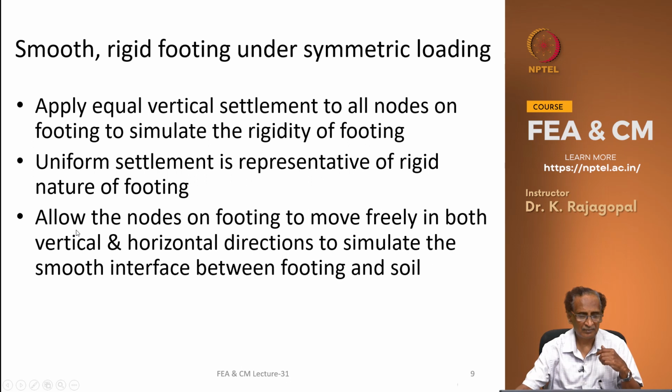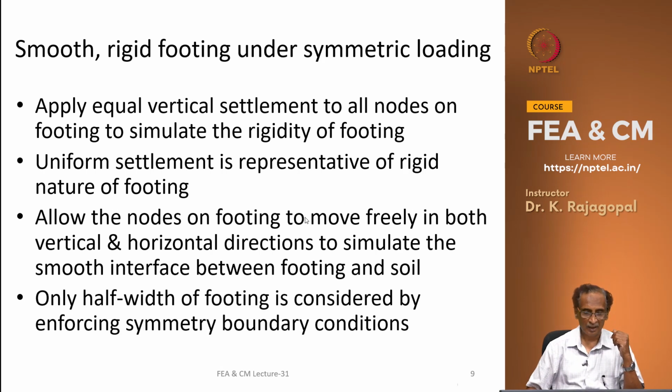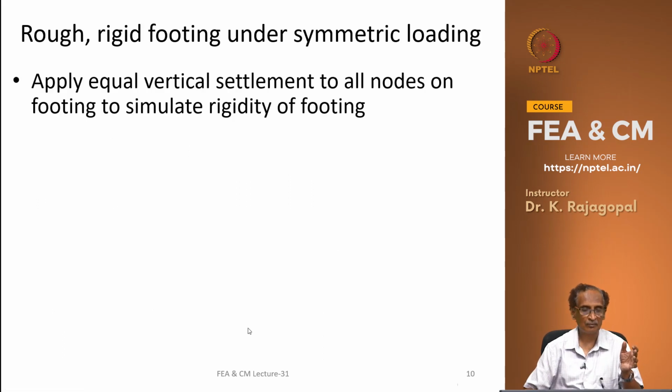If you have an unsymmetric loading, you will not have it, that we will see later. And then we allow the nodes on the footing to move freely in both vertical and lateral directions to simulate the smooth interface between the footing and the soil. And we consider only half width of the footing by enforcing the symmetry boundary conditions.